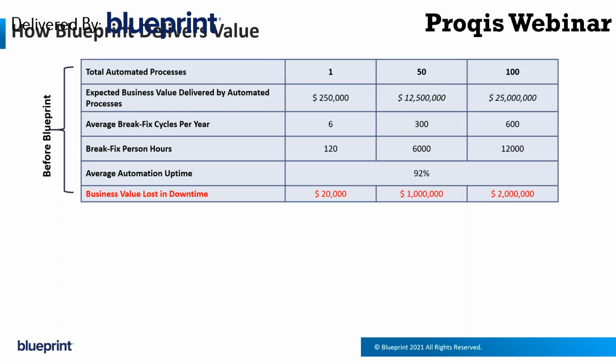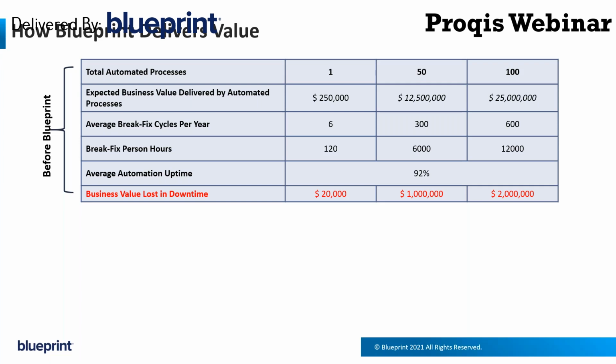For one bot, assuming that it breaks 6 times per year on average, and that's being generous, if each break takes about 20 hours to fix, then that's about 120 hours of work per year, or 120 hours of downtime, leaving the bot only able to run as planned about 92% of the time. At 92% uptime, that means about $20,000 in business value is lost in the downtime.